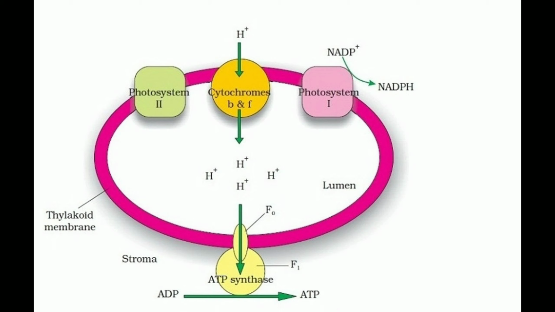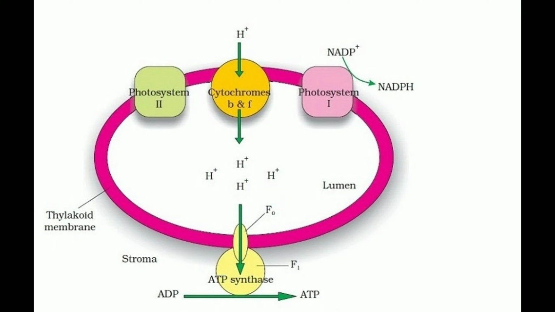In the stroma there is a pair of electrons. These electrons will be added to NADP, and with the help of NADP reductase it forms NADPH2. So ATP is synthesized and NADPH2 is also synthesized.